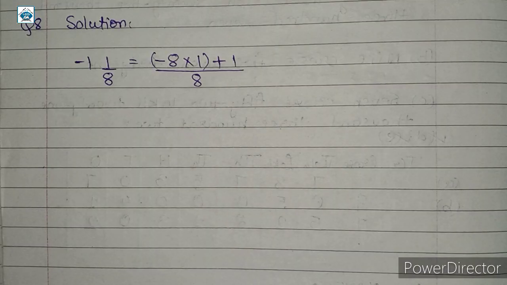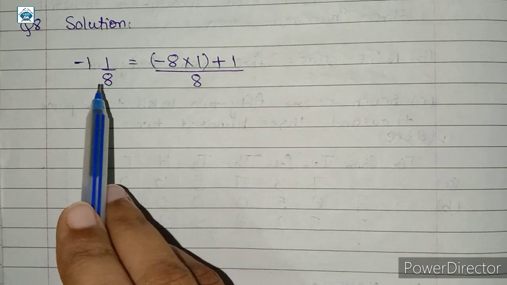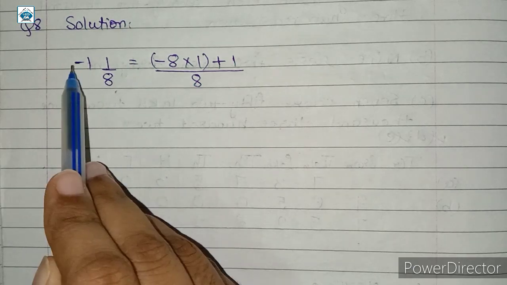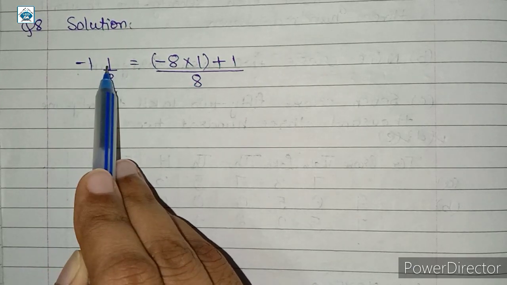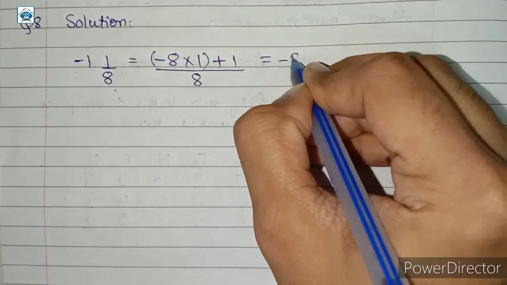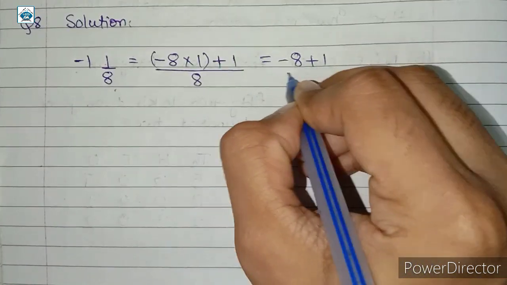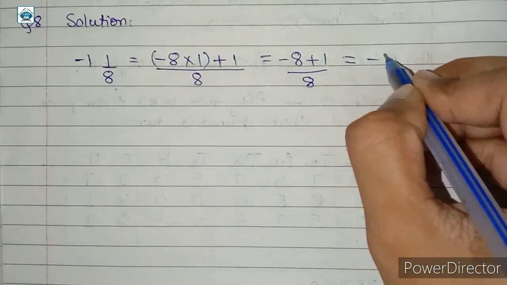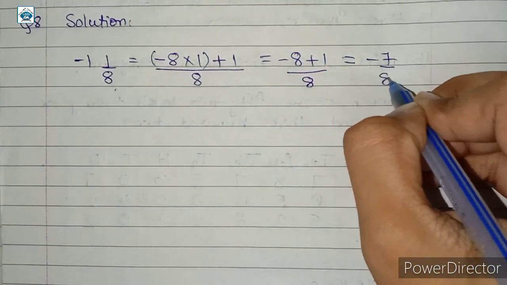Here we will be solving the mixed fraction that is given to us, minus 1, 1 by 8. So this is equal to 8 multiplied by minus 1, plus 1, so this will be equal to minus 8 plus 1 divided by 8. So this is equal to minus 7 upon 8.